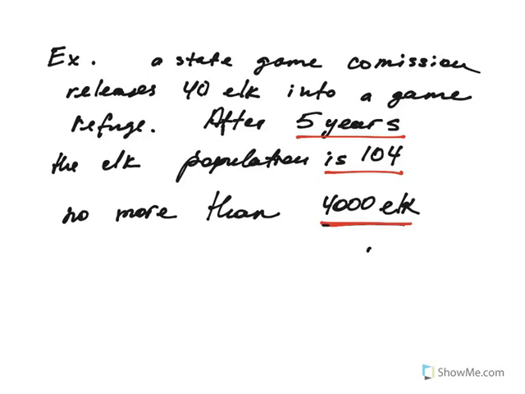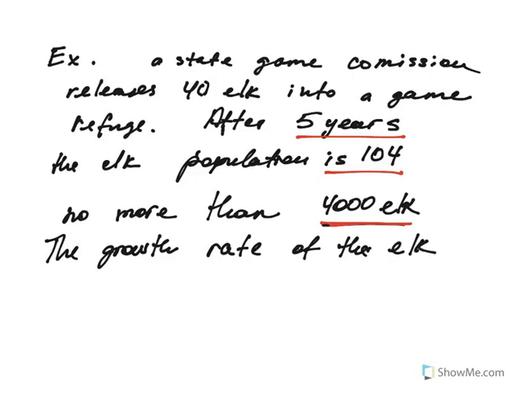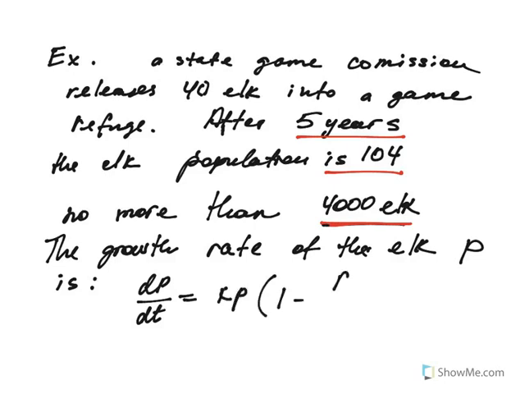Well, let's think. The growth rate of this population P is, well, here's the differential equation: kP times (1 minus P over 4,000).